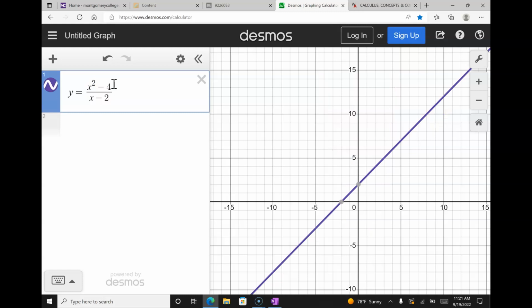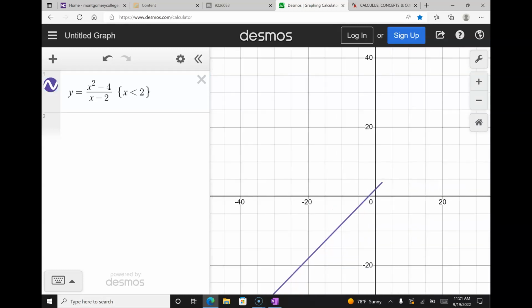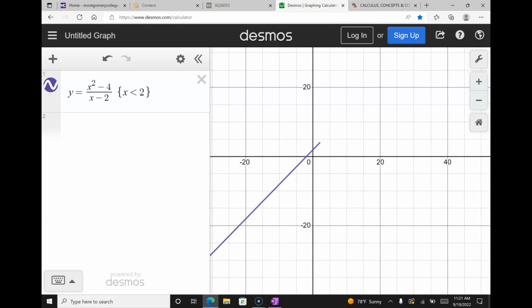And I want that function for x less than 2. Believe me, putting in these piecewise things in the TI, oh, horrible. So much easier here. My next function, I'm going to get 2 sliders from.